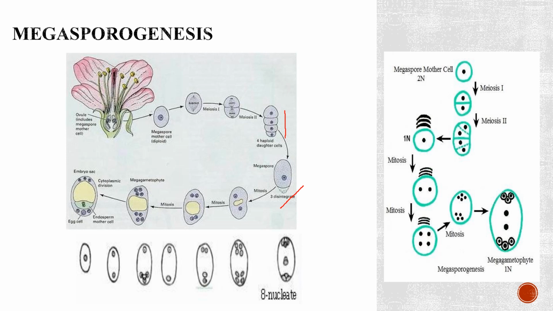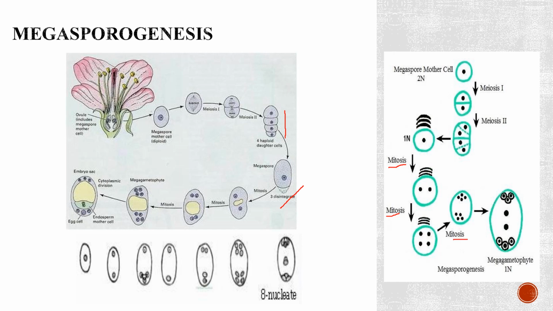The first division gives rise to two nuclei which move to opposite poles, forming the two-nucleate stage of the embryo sac. Both these nuclei undergo subsequent mitotic divisions, producing a 4-nucleate stage and then an 8-nucleate stage, as you can see here.